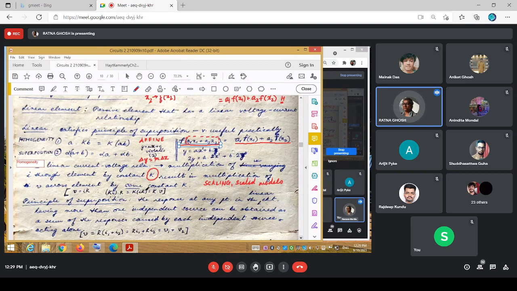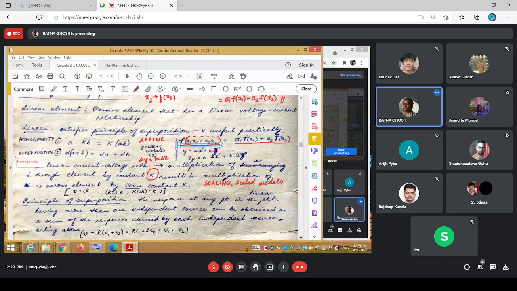Here it would be a K times scaling, but in that kind of a relation, it might be a 1 by K times scaling. Depending upon how the relation is, you can do a scaling of that. That is the importance of homogeneity.